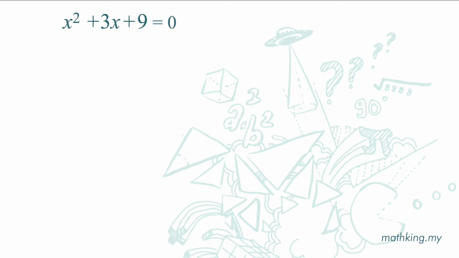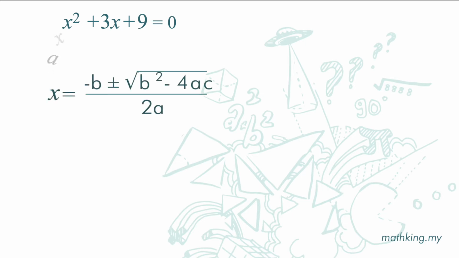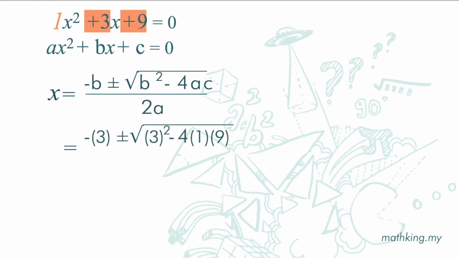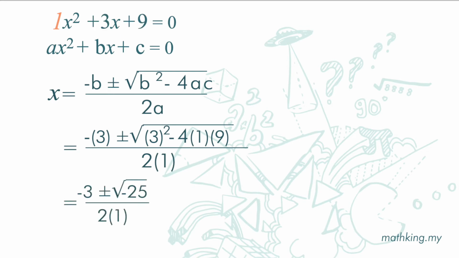Lastly, let's look at this quadratic equation. We are going to find its roots using the quadratic formula. A is 1, B is 3, C is 9. We plug the numbers into the formula. Here we get the square root of a negative number.